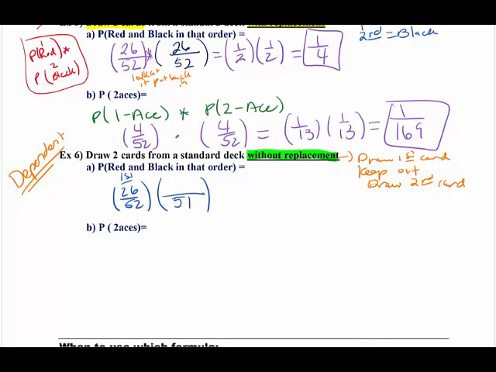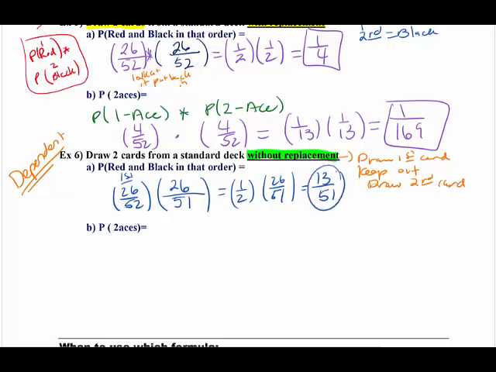Out of those 51 cards that are left in my deck, how many of them are black? I pulled the red card out. That does not affect how many black cards I have. I still have 26 black cards left. So this is the same thing as a half times the 26 over 51, which should give me 13 out of 51.